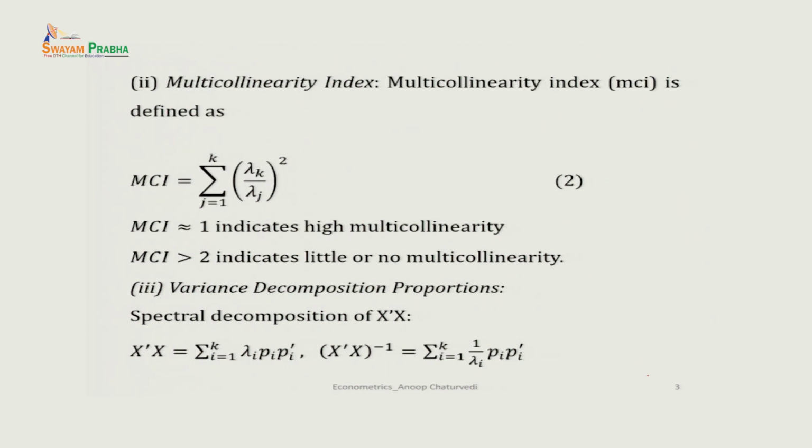Next measure of multicollinearity is multicollinearity index. Multicollinearity index or MCI is defined as MCI equal to summation j equal to 1 to k (lambda k upon lambda j) whole square. So, we take the ratio of smallest eigenvalue and all the eigenvalues. So, jth eigenvalue is lambda j.